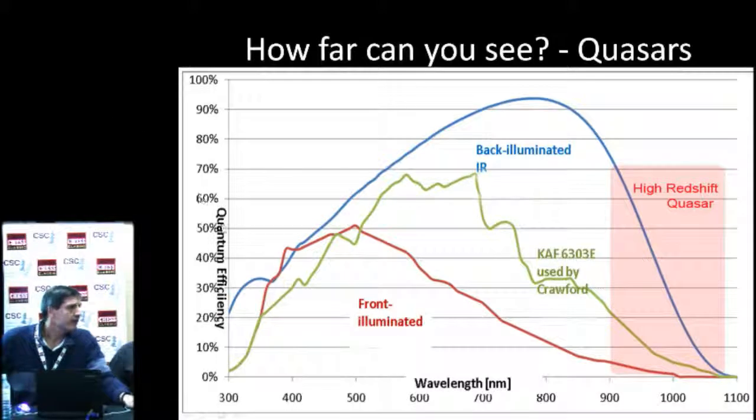So I looked at the system carefully, and I finally chose a sensor that would be able to detect this. Here you can see the high redshift quasar, and I chose a special type of sensor for that.